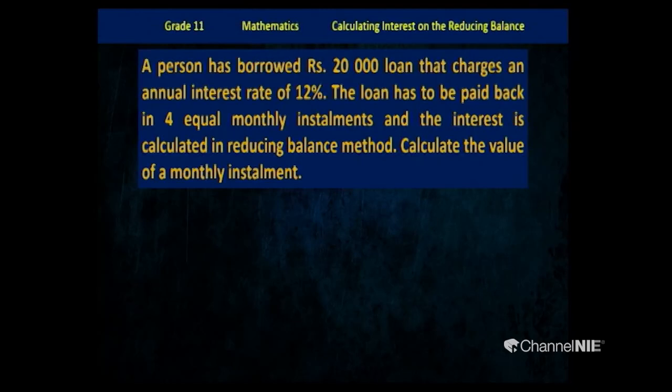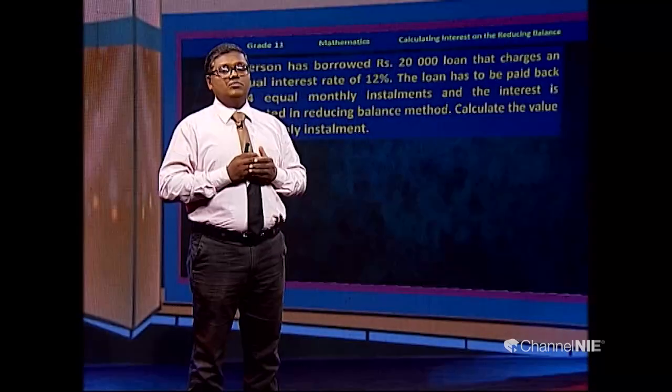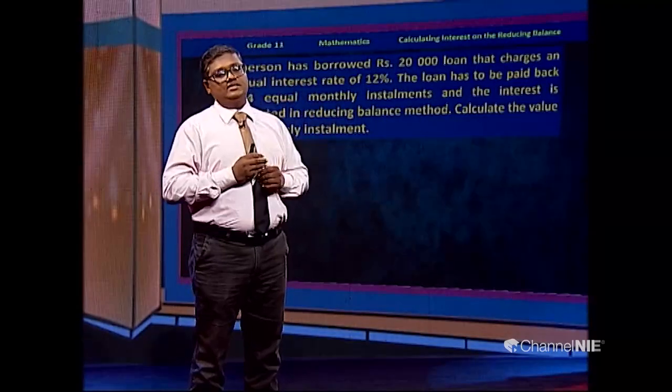Now we have that information. The loan is 20,000, annual interest rate 12%. Remember, we have to calculate using months, but they have given the interest rate as annual. Then another important point is 4 equal monthly installments and reducing balance.